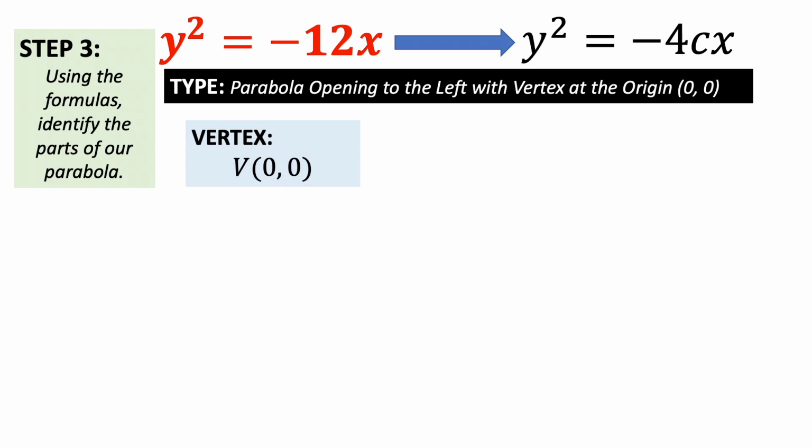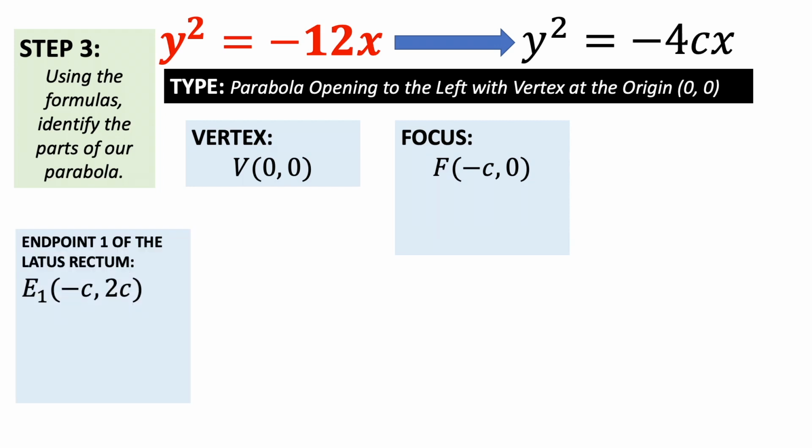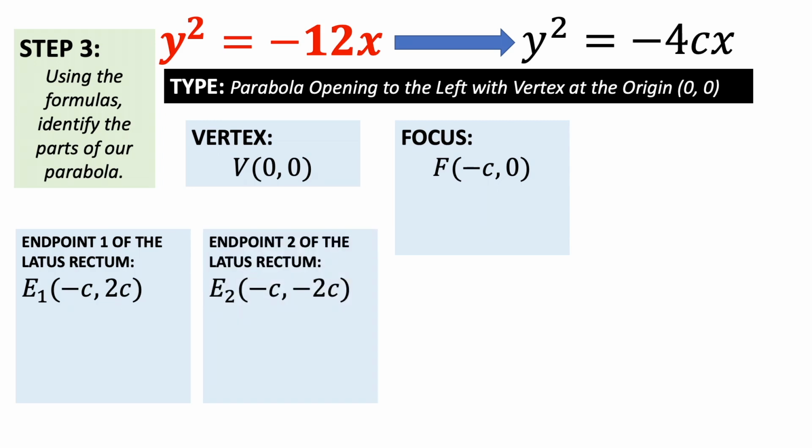We will find the coordinates of the focus using (negative c, 0). The first endpoint of our latus rectum can be obtained using the formula (negative c, 2c), while (negative c, negative 2c) is for the second endpoint.